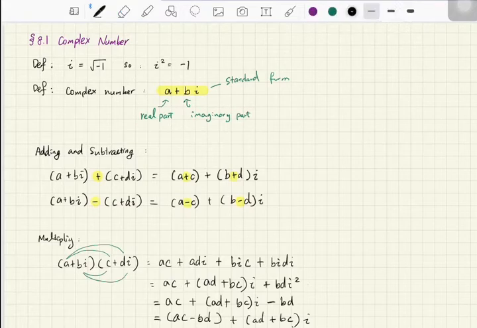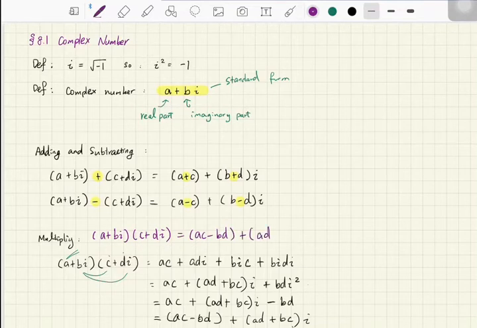So in short, if I want a formula, then I will say if I multiply a plus bi times c plus di, it equals ac minus bd plus (ad plus bc)i.